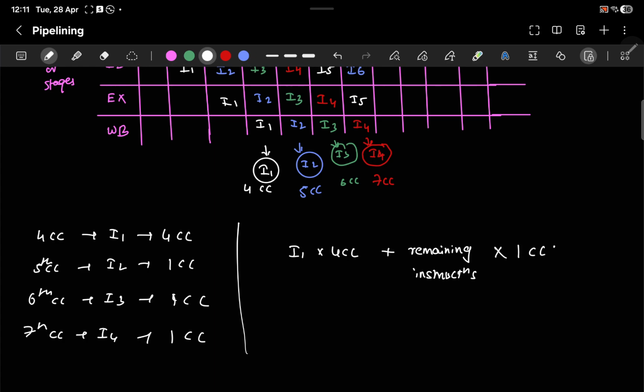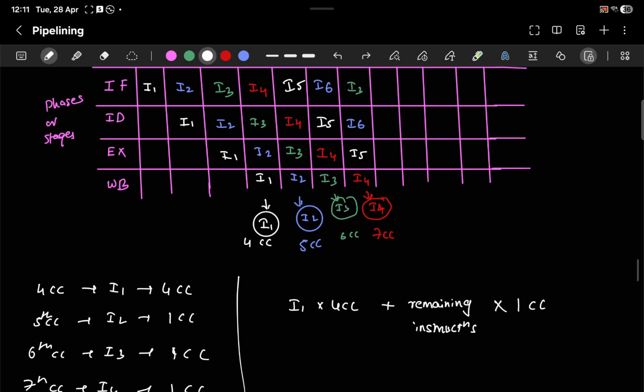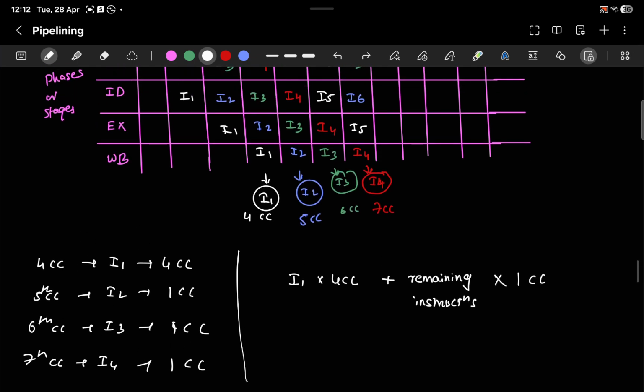This is something you can observe from this particular phase time diagram, right? So the first instruction has taken 4 clock cycles, and after that each remaining instruction is taking only one clock cycle. So this is how pipelining will work.